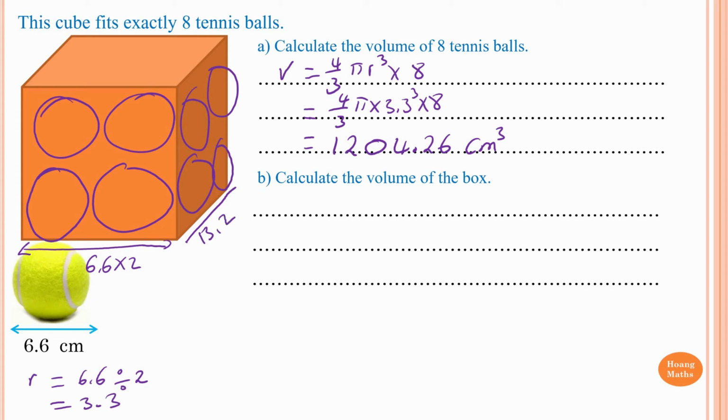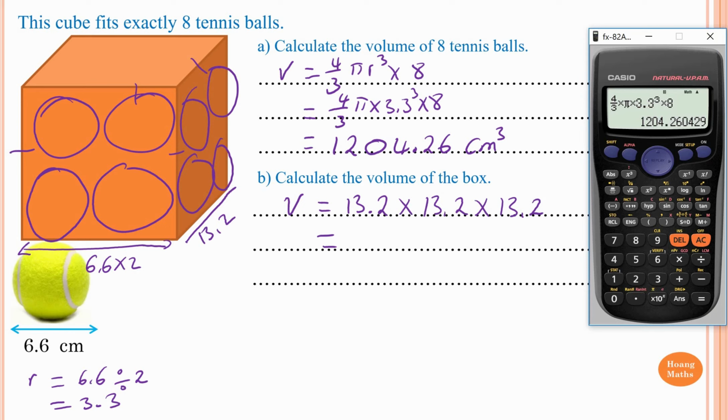Then 13.2 in the side as well, because it's a cube. So the volume of the box is V equals 13.2 times 13.2 times 13.2, or you can write 13.2 cubed if you like. I better store the answer in A first, so I can use that later.